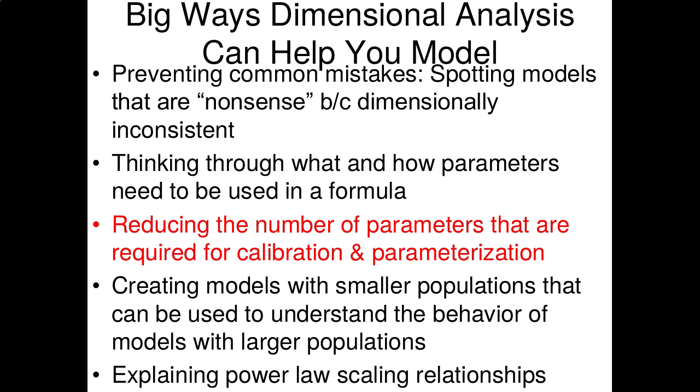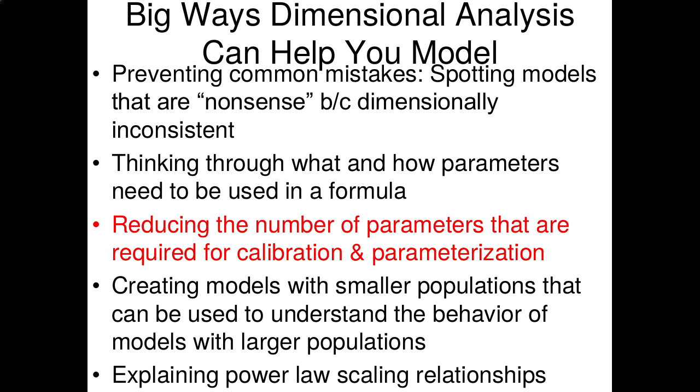After all, the formula you put in there, even if it's an agent-based model, the formula you put in to characterize the probability of deciding this or that has to be dimensionless. So it can help you arrive at consistent formulations within the model for certain types of formulae.